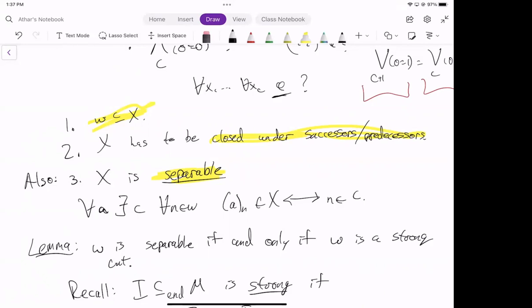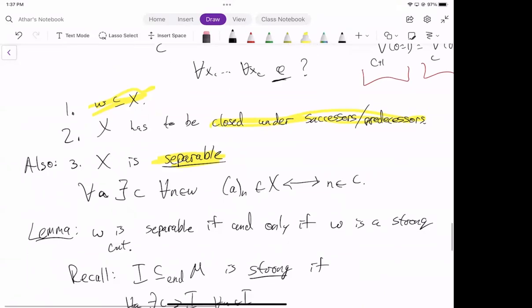Separability does not imply that it's a cut, right? So set X does not need to be a cut to satisfy this.